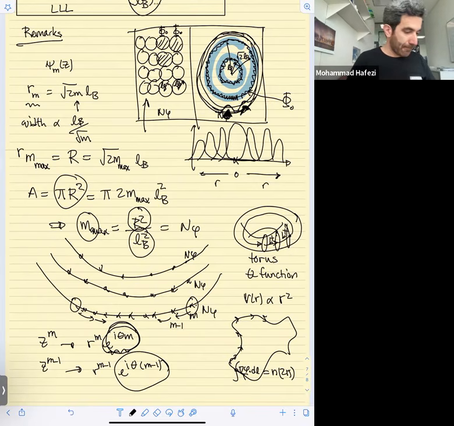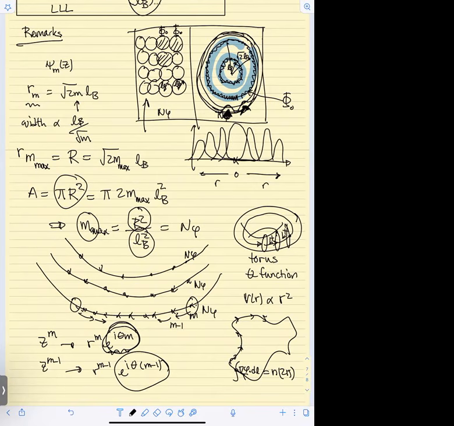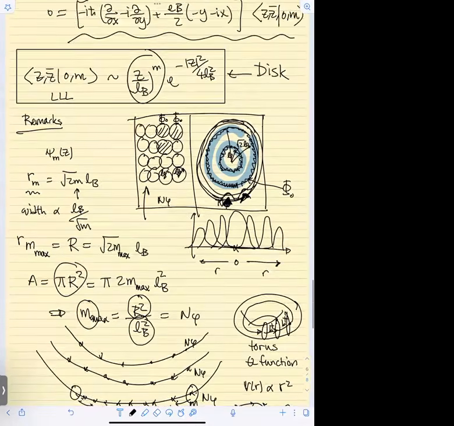Any question? So for a given n, I have only one m that contributes to the edge current. Is that so? Like, which is the maximum m?